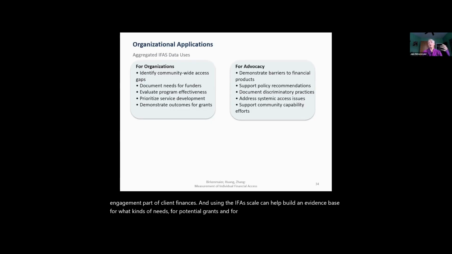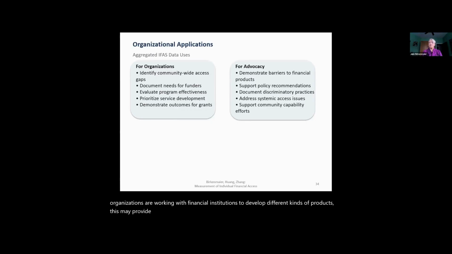It may also help, used pre and post intervention, to show program effectiveness and prioritize different parts of a service delivery program. And then it also, of course, may be helpful for advocacy, right? It may help both funders and advocates demonstrate barriers to financial products and services, so that if organizations are working with financial institutions to develop different kinds of products, this may provide some evidence to help make that case.